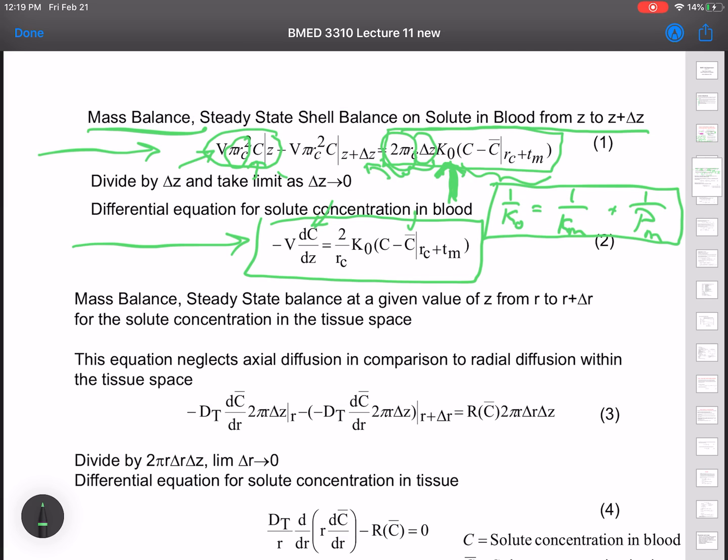C bar is the concentration in the tissue. Is that a standard convention? Not to my knowledge. It just happens to be what we're using here. The C bar is tissue. All right, so that was the first one.